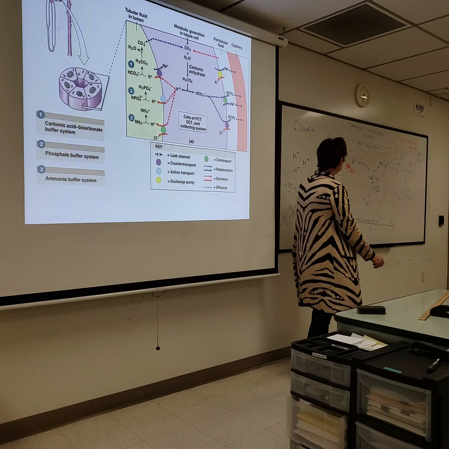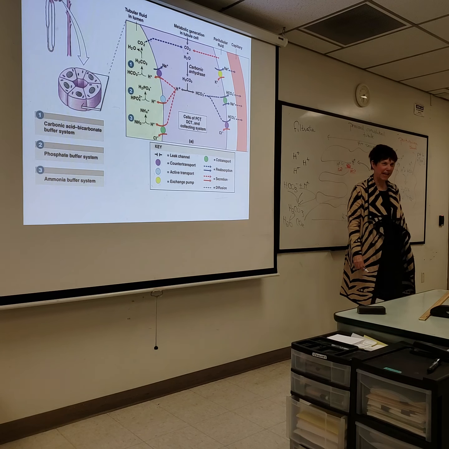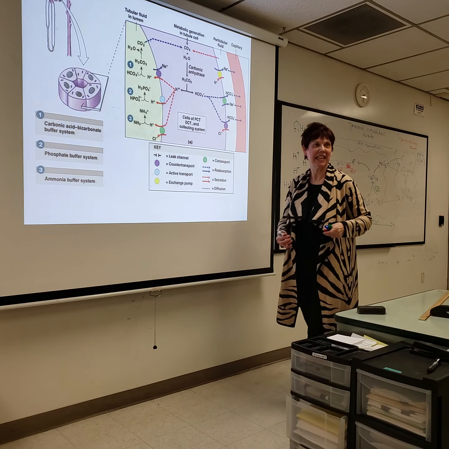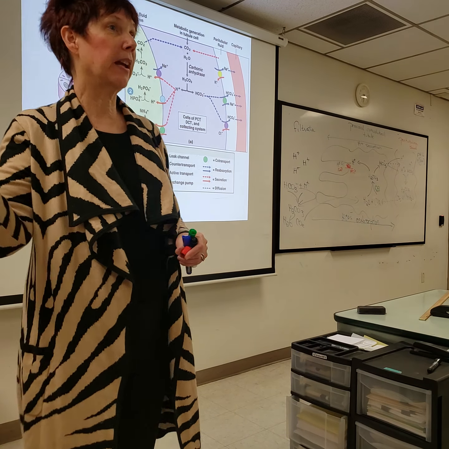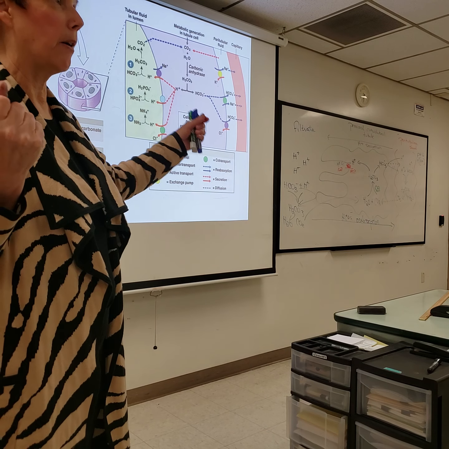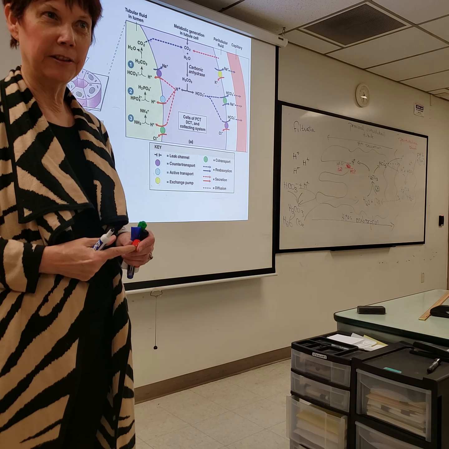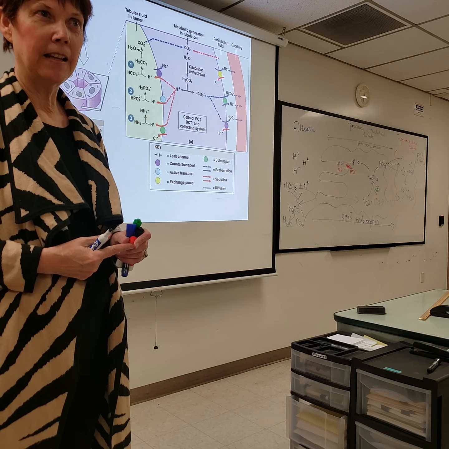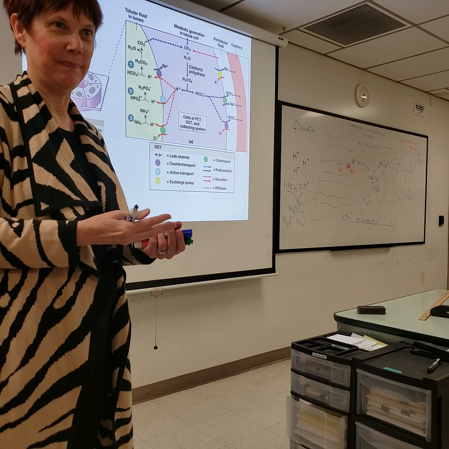Return the hydrogen from the water that we used and add more bicarb back to the plasma. So now we've doubled the effectiveness of the urinary system as a buffer, because we got rid of hydrogen ions, plus we returned a bicarb that was already in the filtrate back to the blood where we can use it to buffer. Okay? So that's using our chemicals, but within the urinary system.